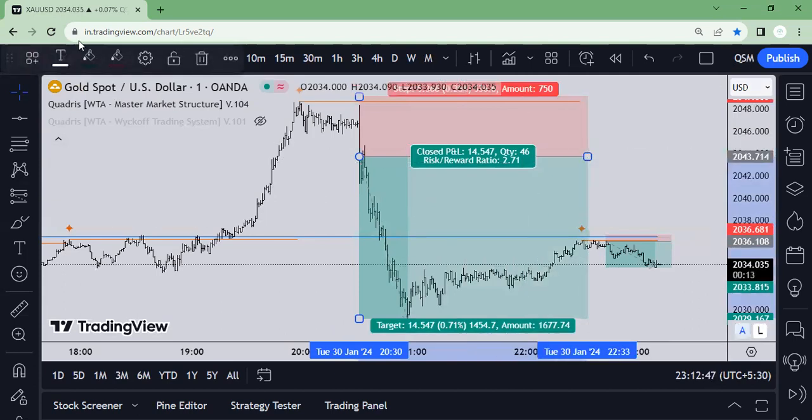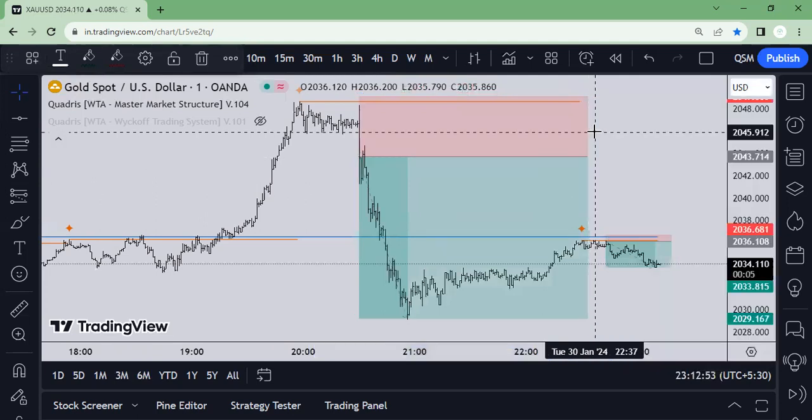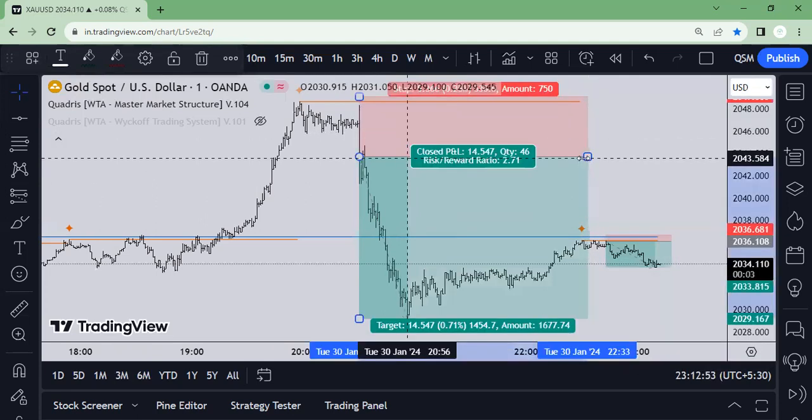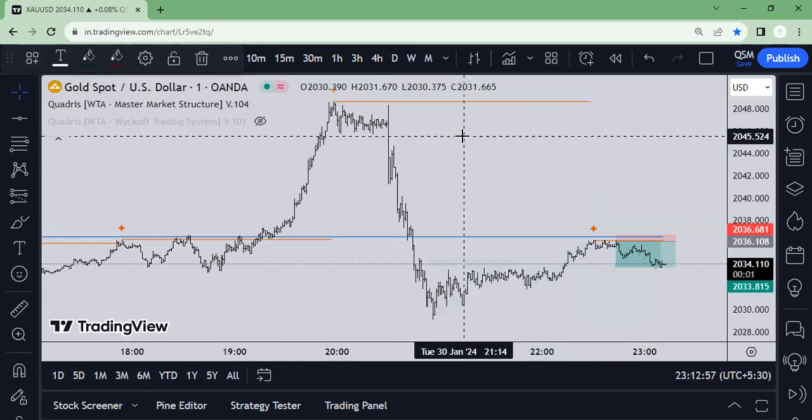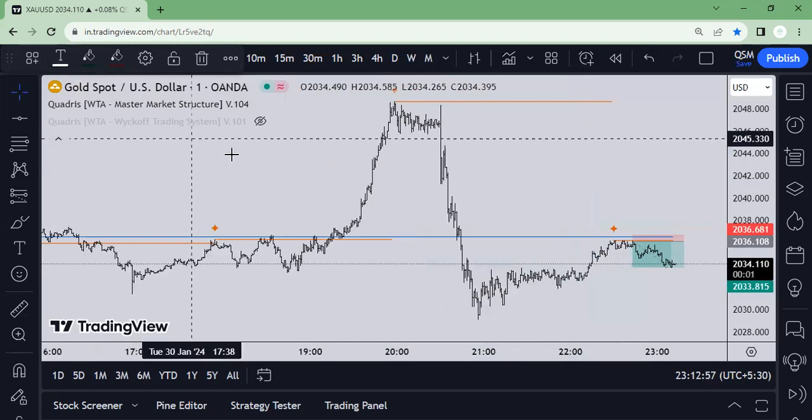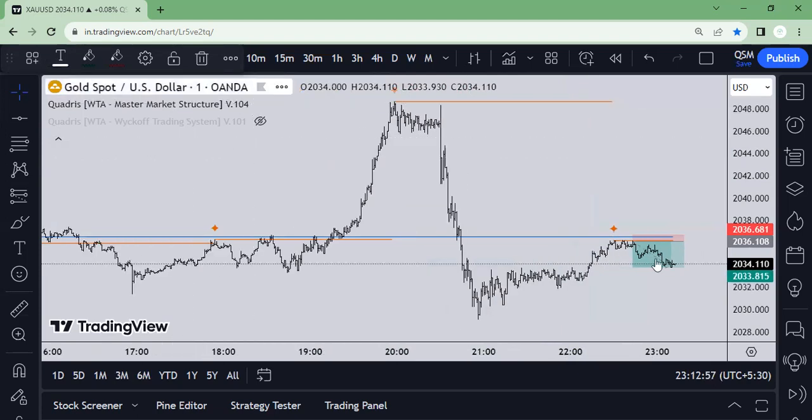So again, if you don't feel comfortable placing this one, if you feel this stop loss is huge for you, you can come down to a smaller time frame and play around with it.